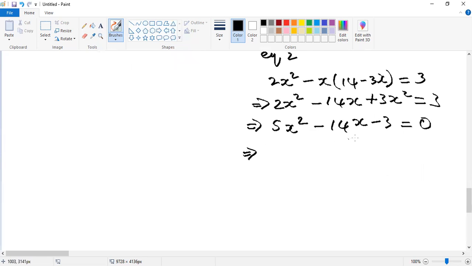So if you remember the whole AC method, where we look at A times C, 5 times minus 3 is minus 15. And then we try to find factors of minus 15 such that when we add them, we get minus 14.